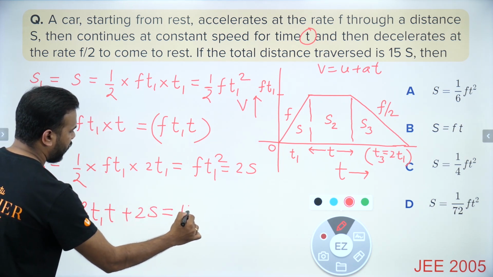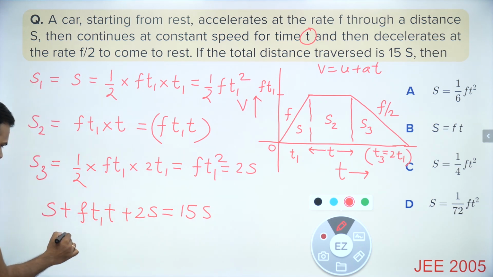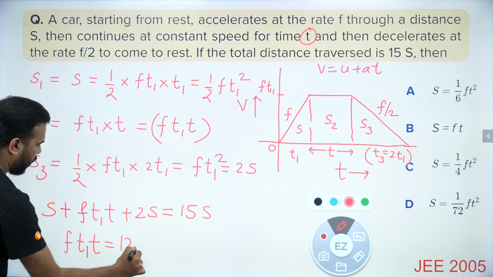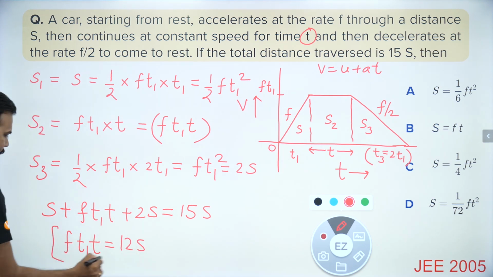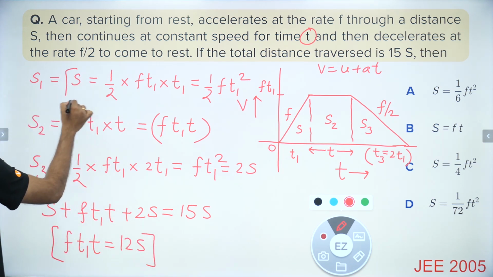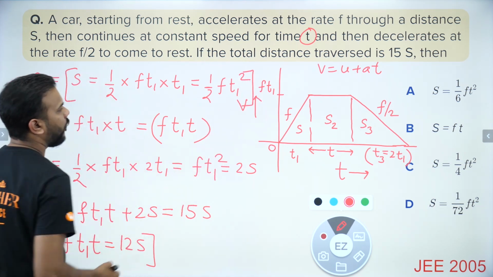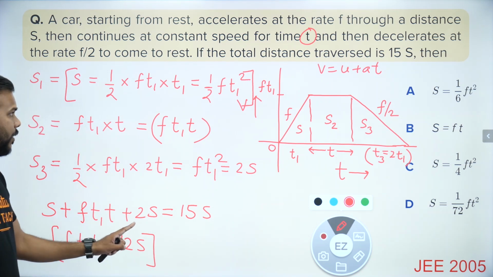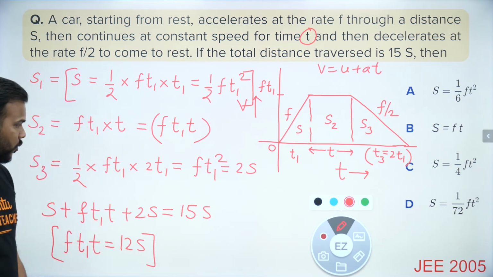This value is given to you as 15s, which means ft1t comes out to be 12s. Okay guys, now when you look at this equation, this is in terms of ft1 square, this is ft1t, and this is equal to s, this is equal to 12s.